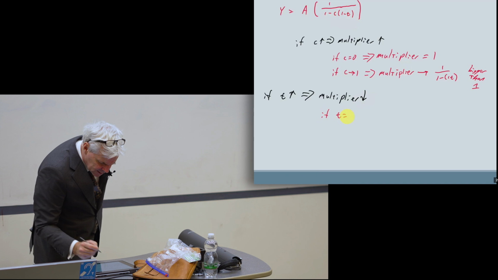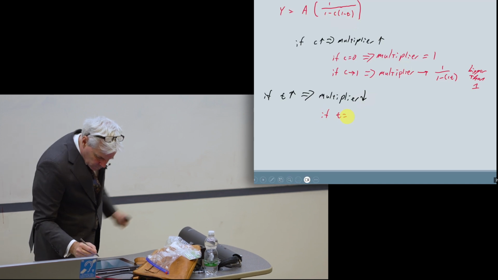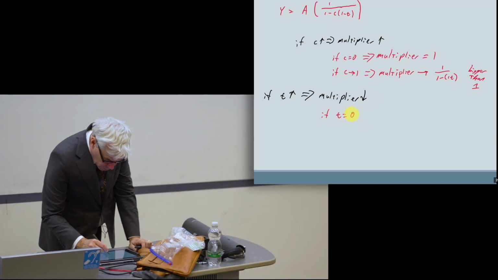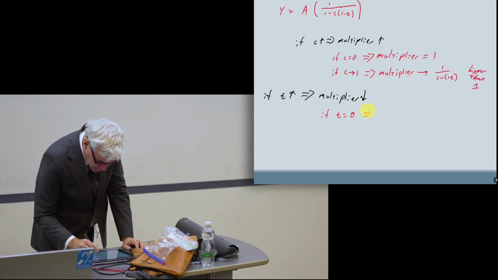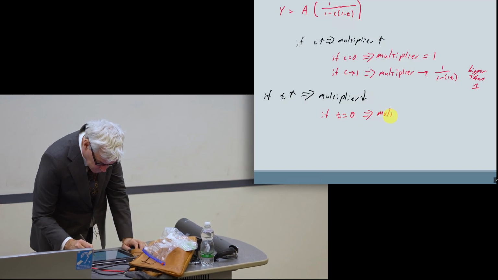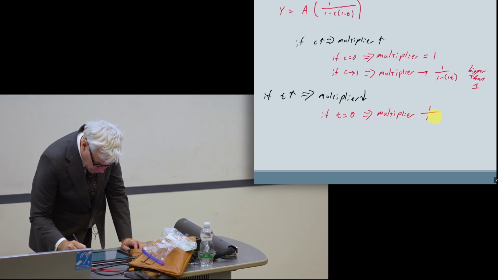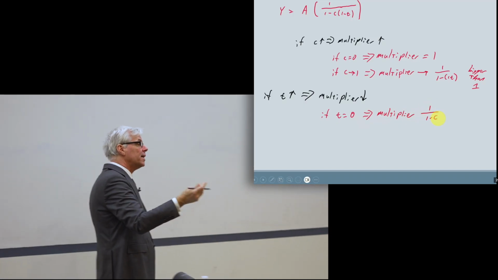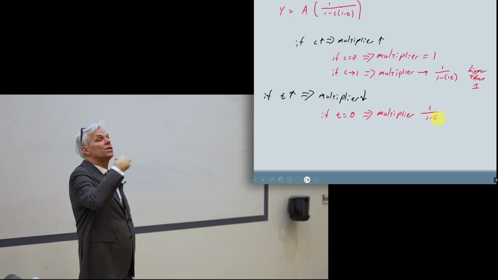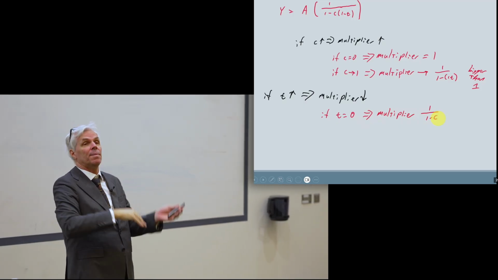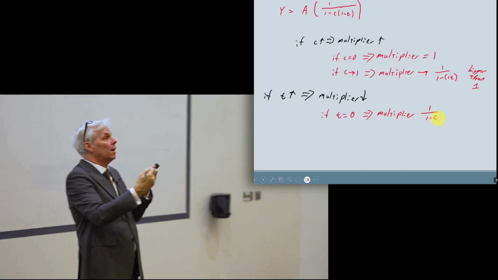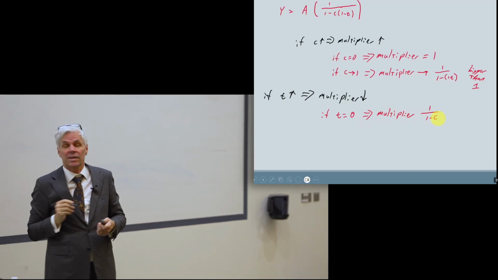If taxes equal 0%, then the multiplier is 1 over 1 minus c, just like we had before in class, because there was 0 marginal taxes. You had to pay this lump sum, but you didn't have to pay on your income. That's the same as having little t equal to 0.